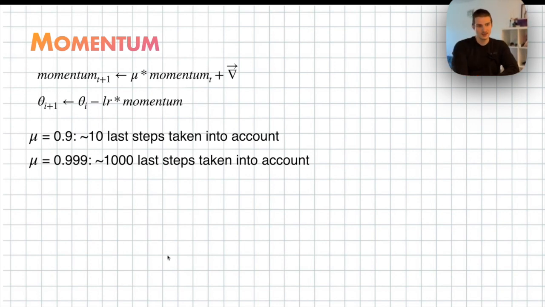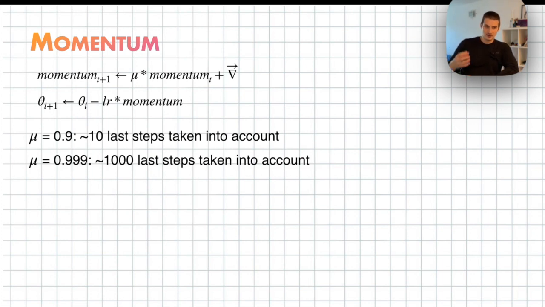Instead of saying that we update our parameters by just adding the minus gradient multiplied by the learning rate, we compute this momentum. That is basically just the current gradient plus some parameter multiplied by the previous momentum that we had. So when we just start, the previous momentum is 0, so the current momentum is just the gradient.